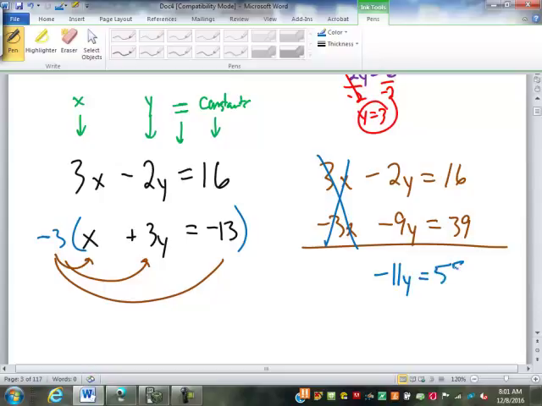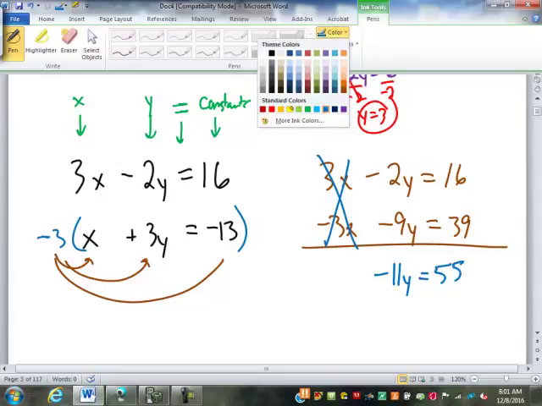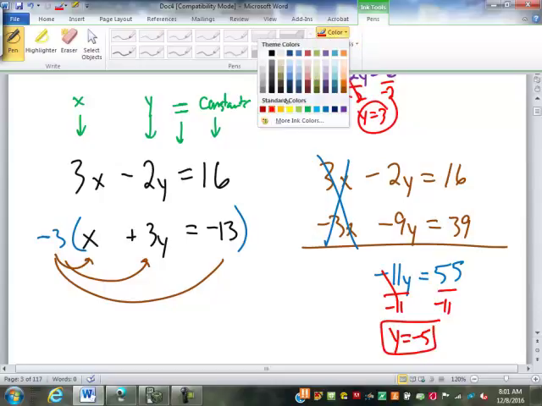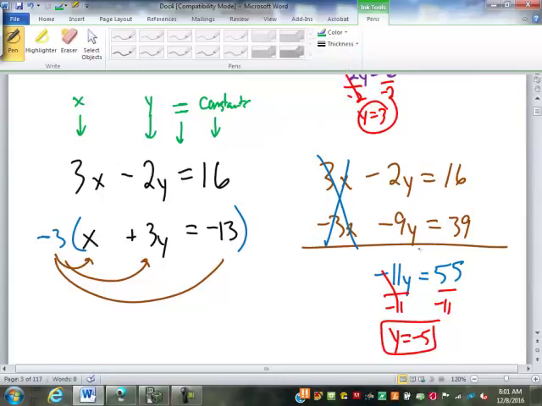Equals, is that 55? And now I can divide by negative 11. Y equals negative 5. So then I have to put that back into one of these for y. I'm going to use the bottom one.